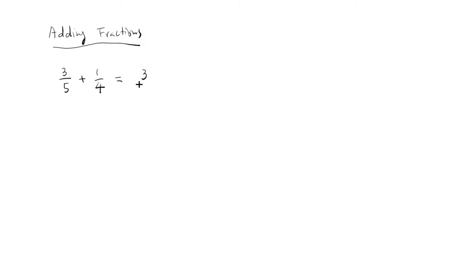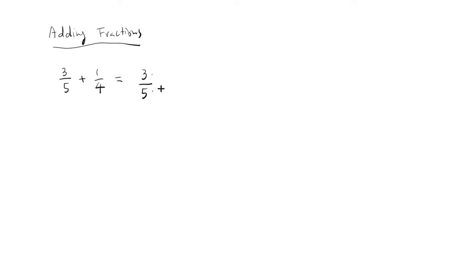And to get the common denominators, you have to multiply some number top and bottom to get the same denominator, or to get the least common multiple of the two denominators. So 5 and 4, the least common multiple of 5 and 4 is 20. 20 is the smallest number that's divisible by both 5 and 4.